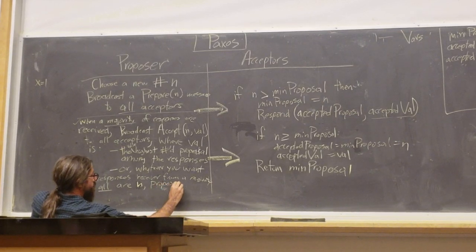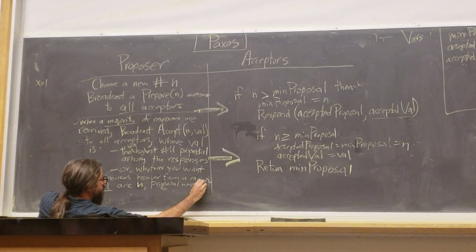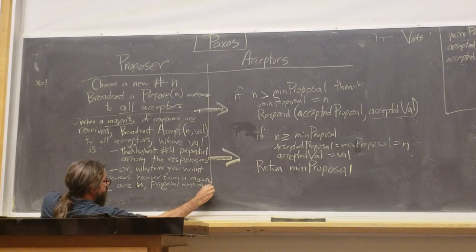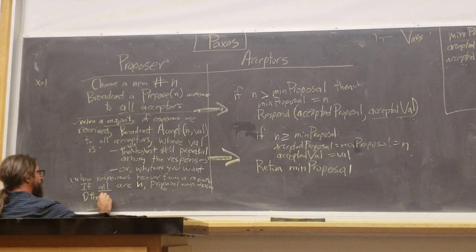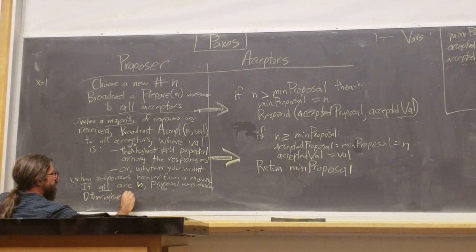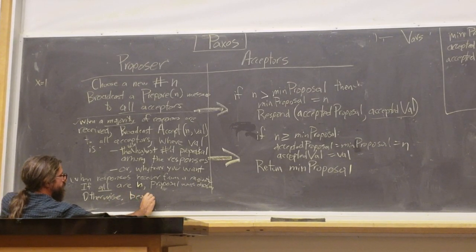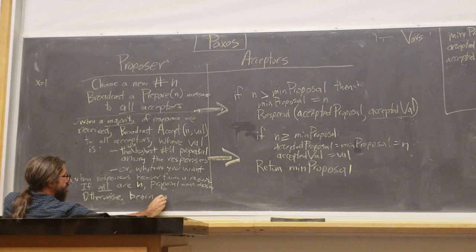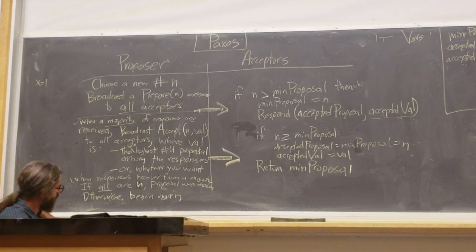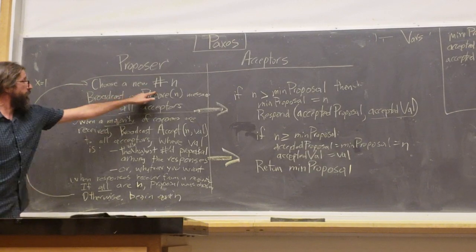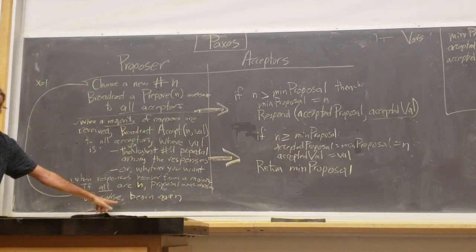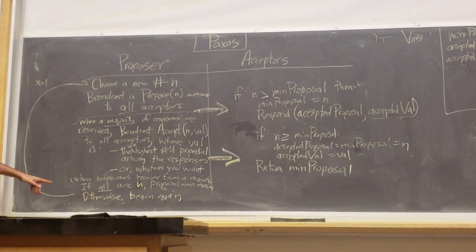Victory. Otherwise, begin again. And I can't write it because I've run out of space, but begin again with a new number higher than whatever came back. Right? Because otherwise you don't stand a chance.